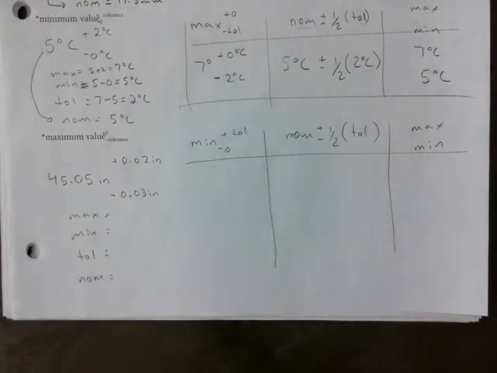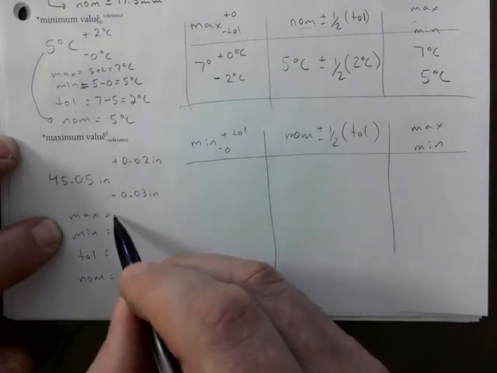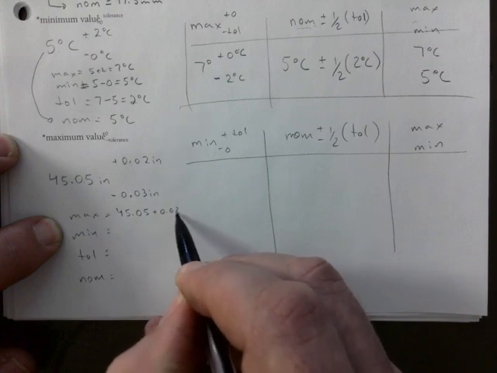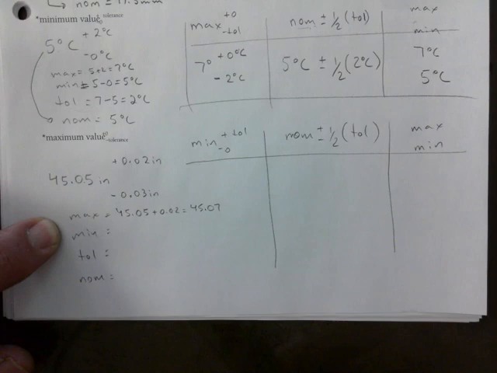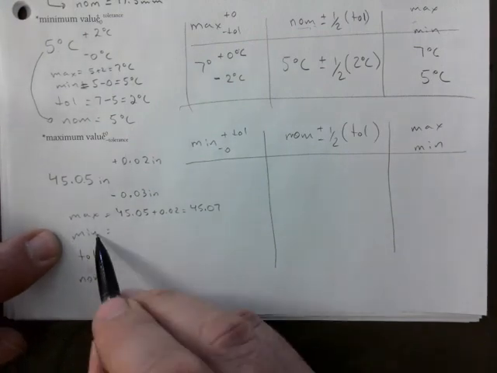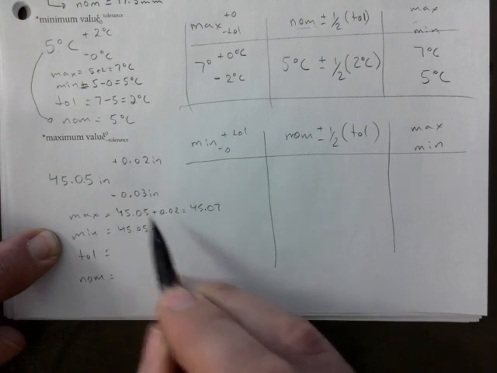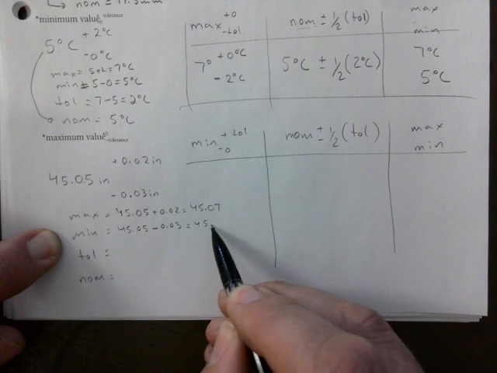I know you would figure it out because I'm preparing you. But to get the max, you just proceed as before. Honestly, this is a foolproof, works every time method if you do it this way. Minimum, you take the 45.05 minus 0.03, and that's 45.02.